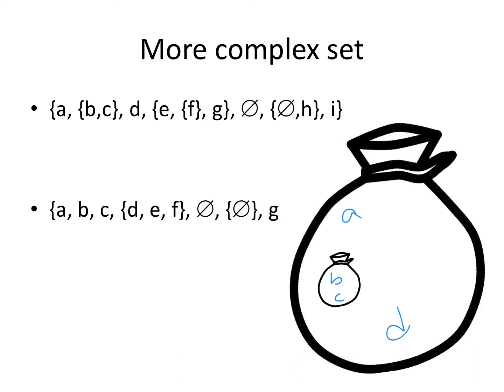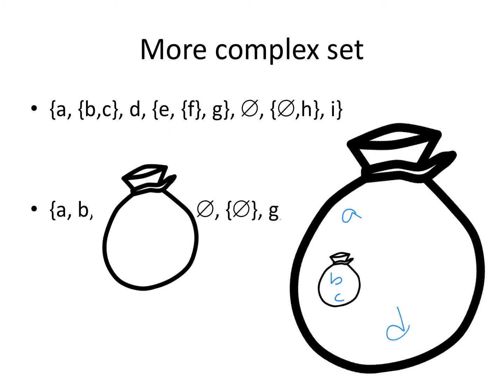Next we have another bag, right? This is a bag that has another bag in it. So we've got E, F, and G. So we have E, the set containing F, and G. So let's just deal with this set, and then we'll stick it into the bigger one.